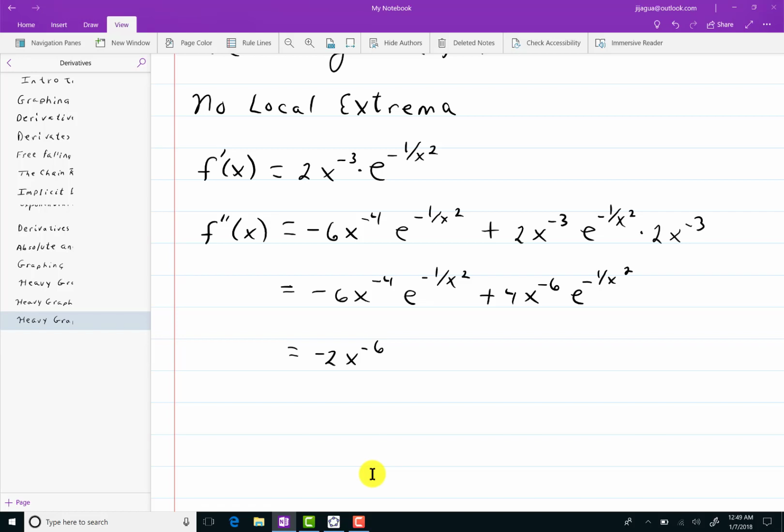And I'm also going to factor out e to the negative 1 over x squared. What will be left? Well, from this part here, I will have positive 3x squared and from over here, I will have negative 2, and then we'll set this equal to 0.